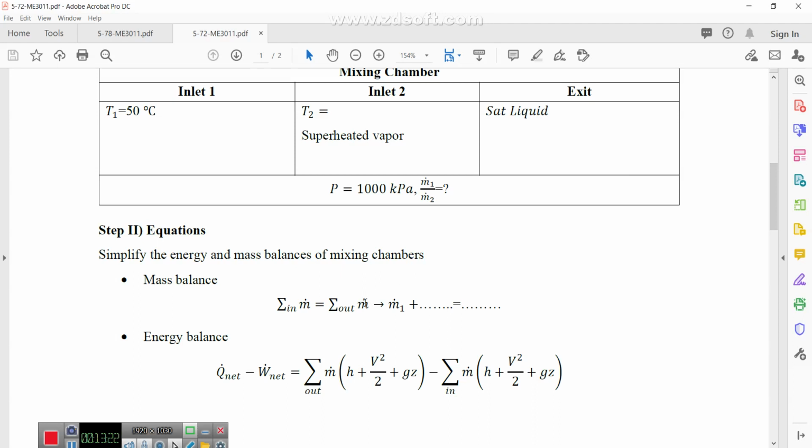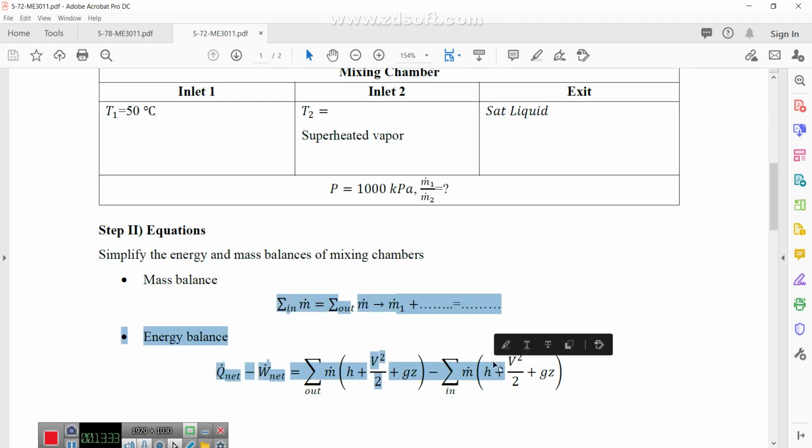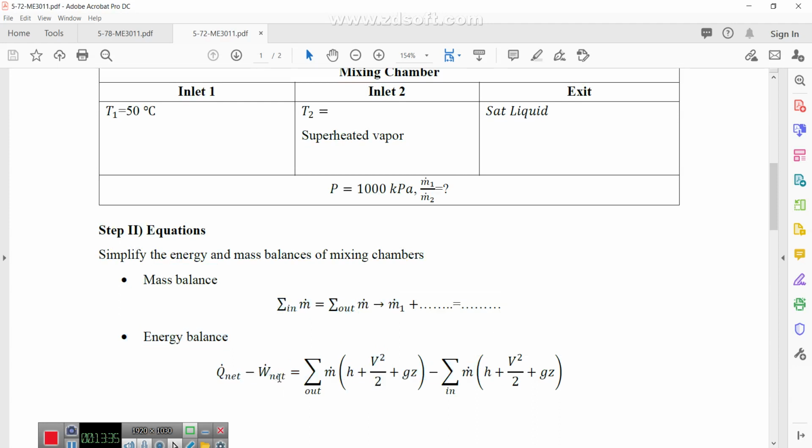So please spend 5 minutes and then simplify these two equations for this specific case. Keep in mind that there is no W, and then probably you can assume that the changes in kinetic and potential energies are negligible. 5 minutes and then simplify these two equations.